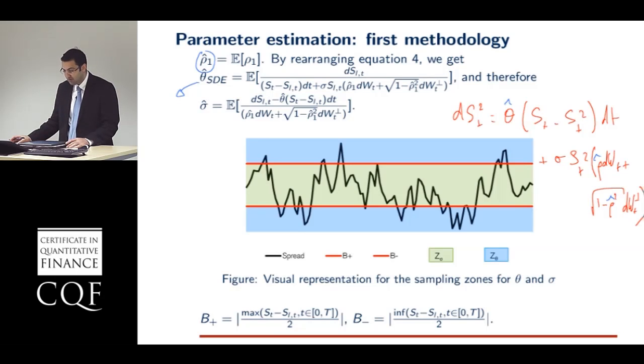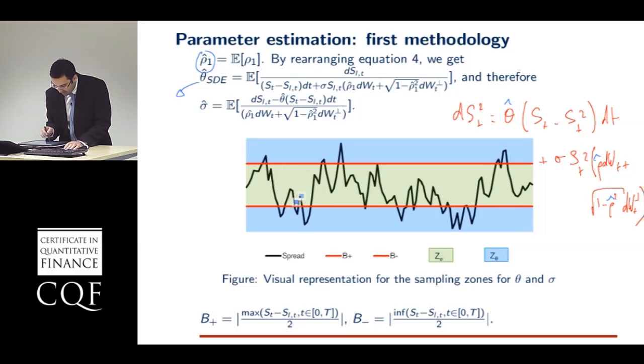If you have tried to fit the Ornstein-Uhlenbeck model, you have encountered this problem before. Basically, it is very, very difficult to estimate it just directly by rearranging. You have to use some sort of variance reduction techniques. This is achieved by creating bands around your spread.